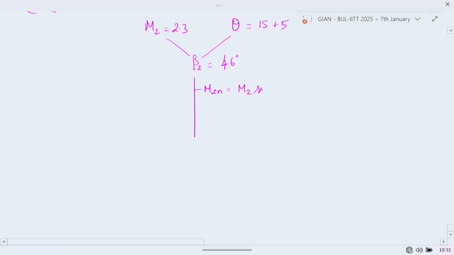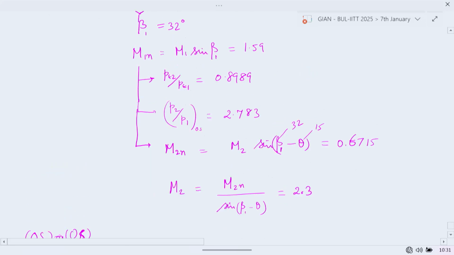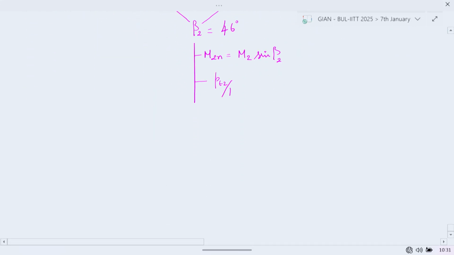So M2n is equal to M2 sine beta 2. What is the value for M2n? 1.65.